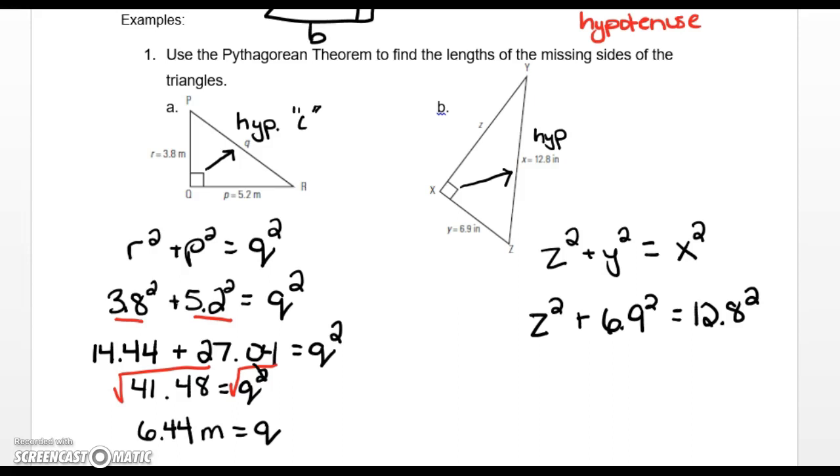We're going to first apply those squares. So we'll go 6.9 squared and 12.8 squared. So z squared plus, 6.9 squared is 47.61, and 12.8 squared is 163.84.